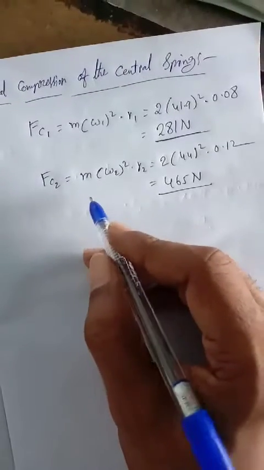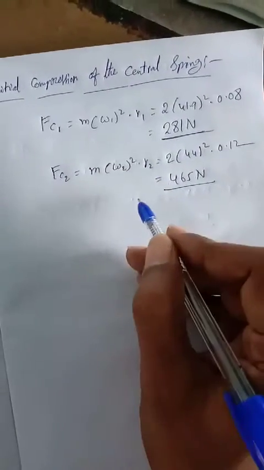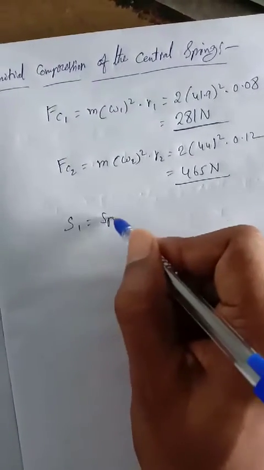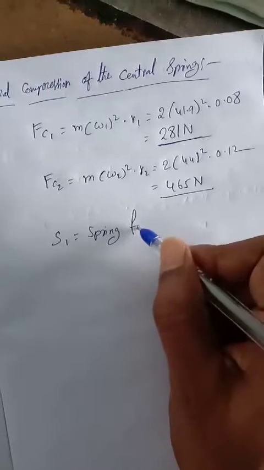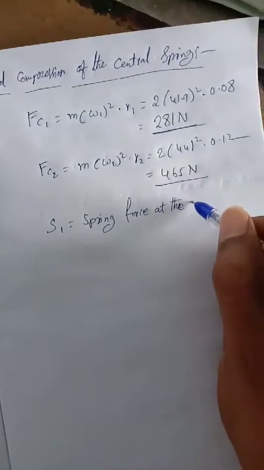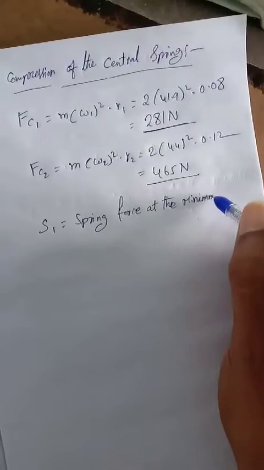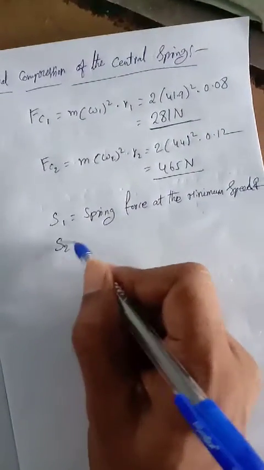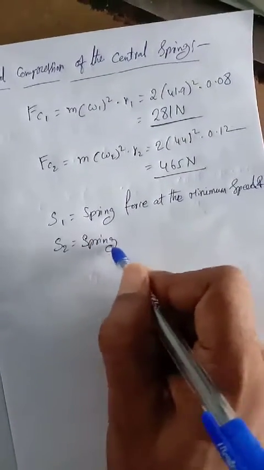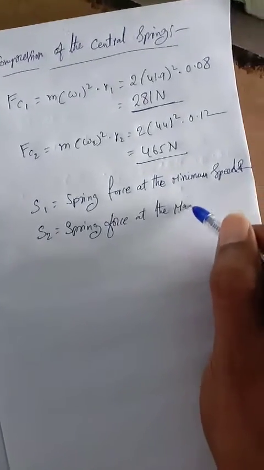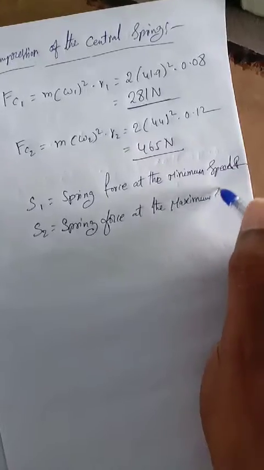So S1 is equal to spring force at the minimum speed and S2 is equal to spring force at the maximum speed.